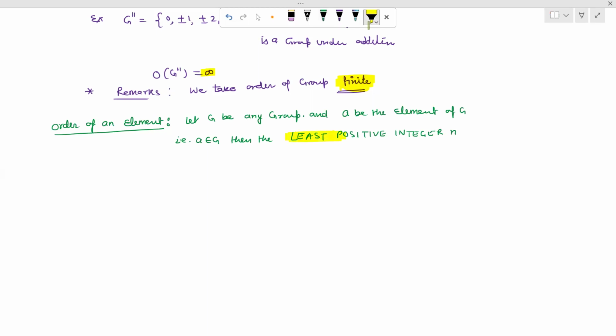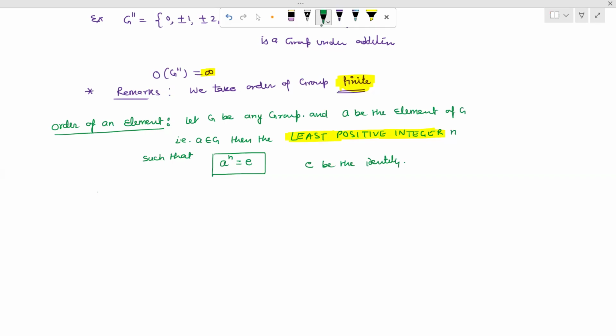We write in capital letters: the least positive integer n such that a raised to the power n is equal to e, where e is the identity. So that means we take the least positive integer n which gives us the identity element.